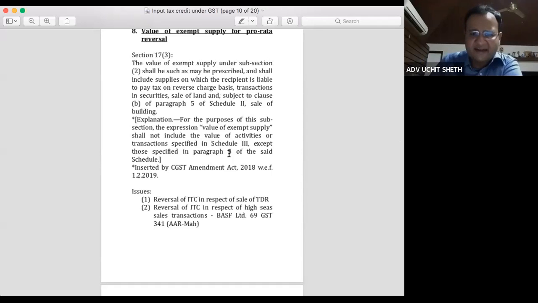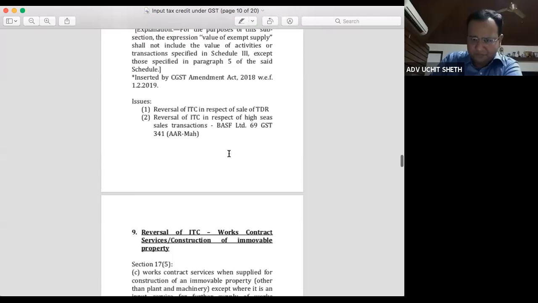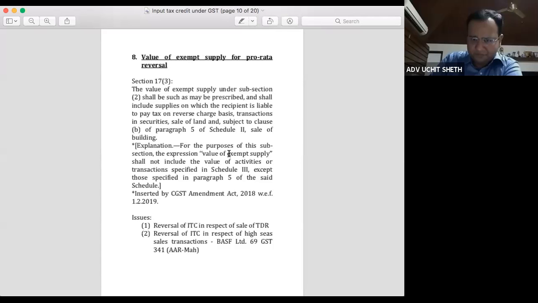Next is regarding the value of the exempt supply for this pro rata reversal under 17(2). I'll just quickly go through this provision because we have paucity of time, so I would like to discuss the more important issues which are there subsequently.